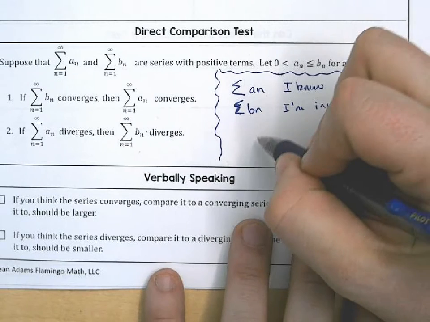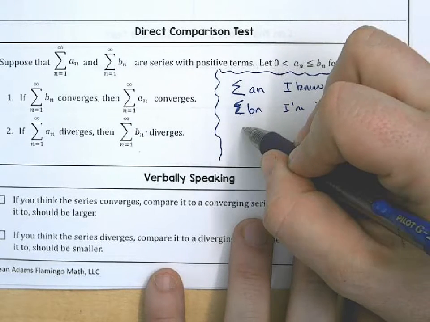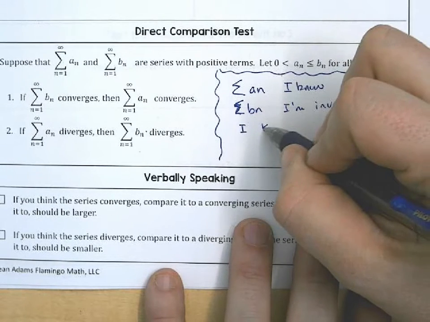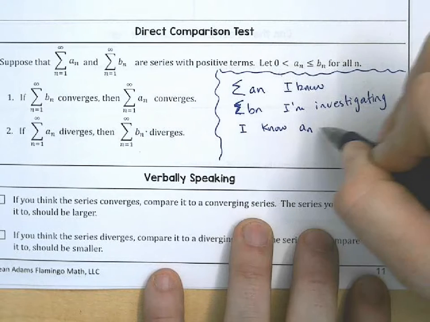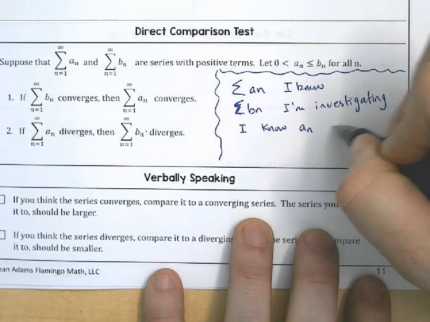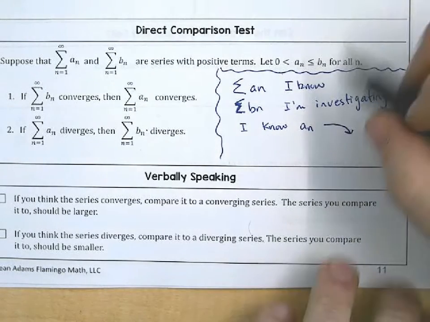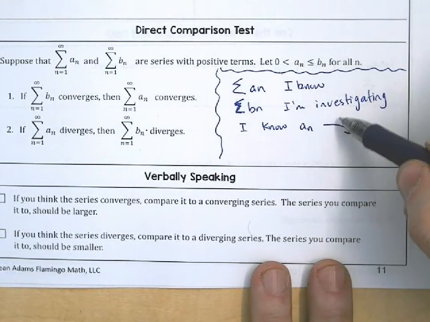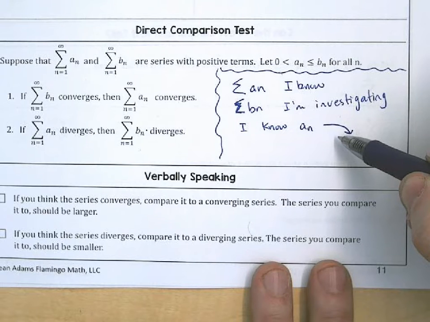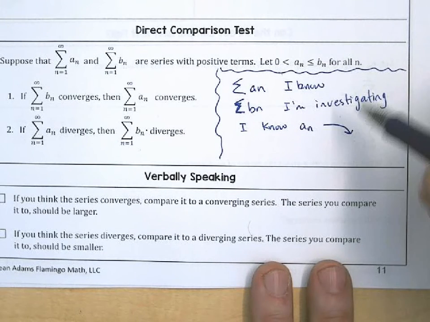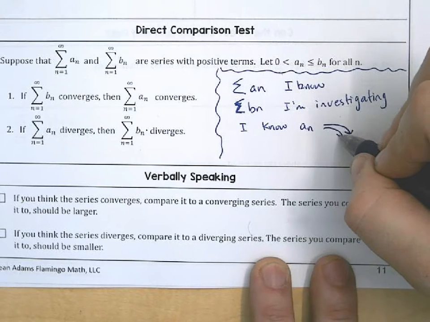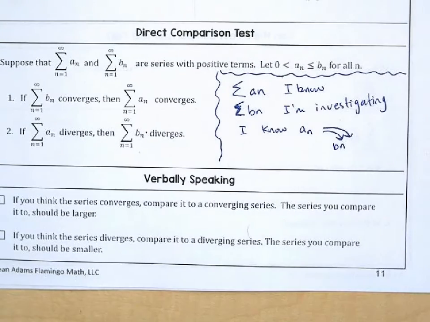So if I know A sub n diverges, then I need B sub n to be greater than or less than A sub n. I want B sub n to be less than A sub n.